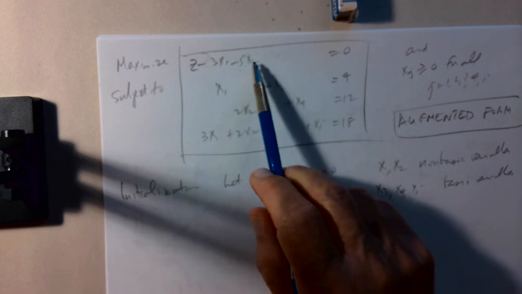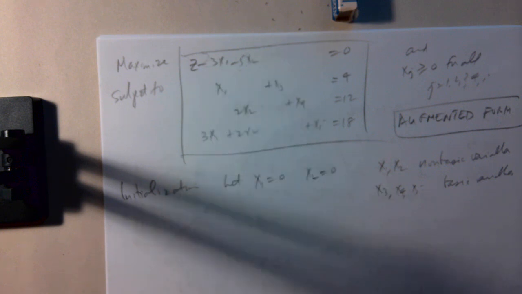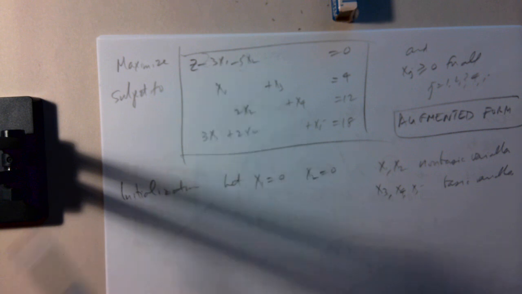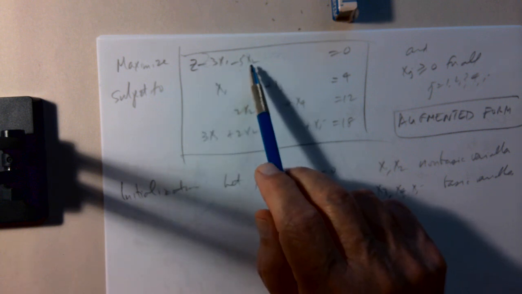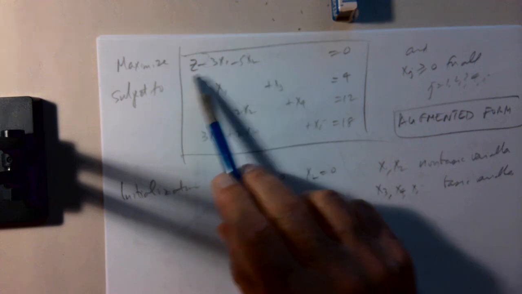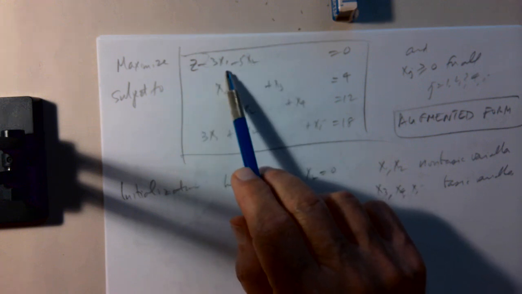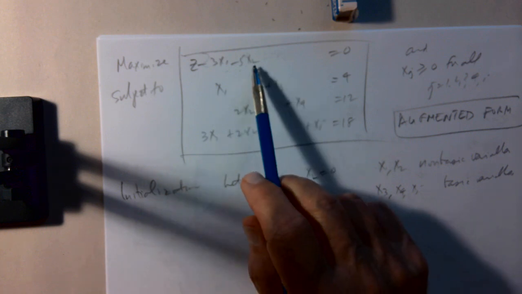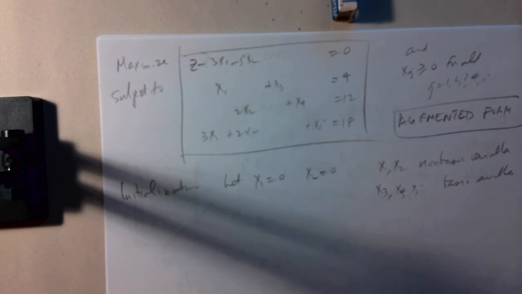If you increase x2, you increase z. If you increase x1, you also increase z. But increasing x2 by a unit amount increases z by 5. Increasing x1 by a unit amount only increases z by 3. So you choose the non-basic variable which gives you the largest possible increase in z.